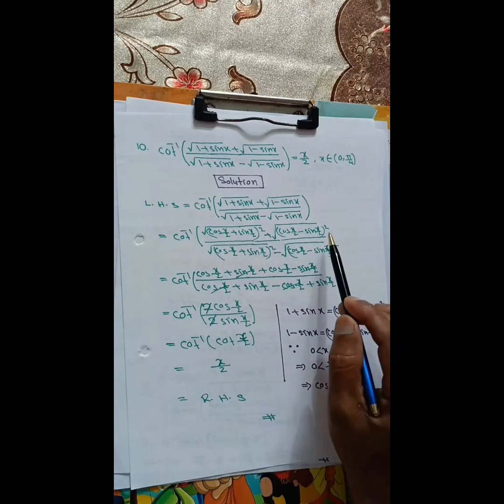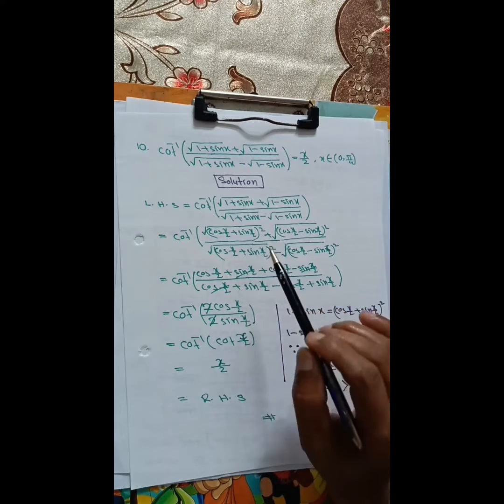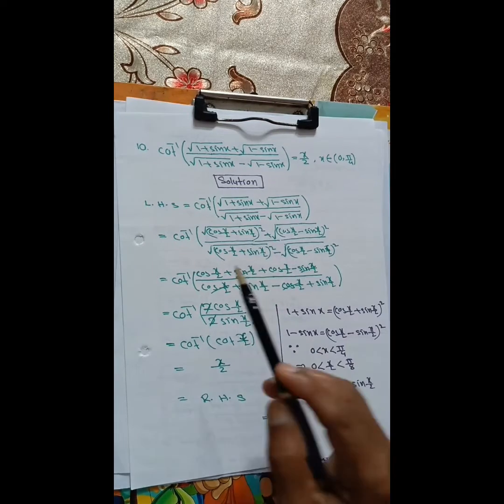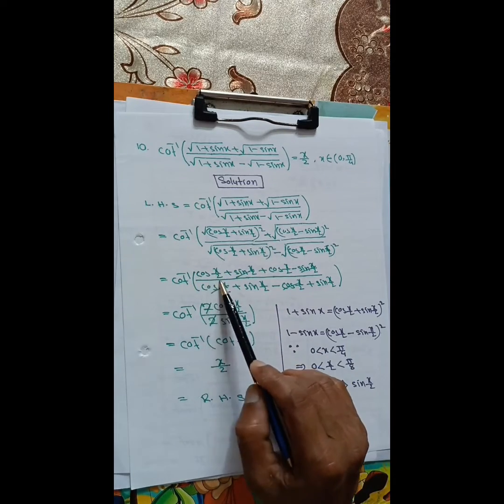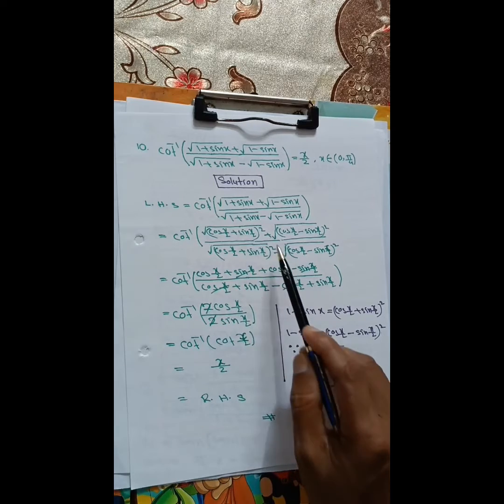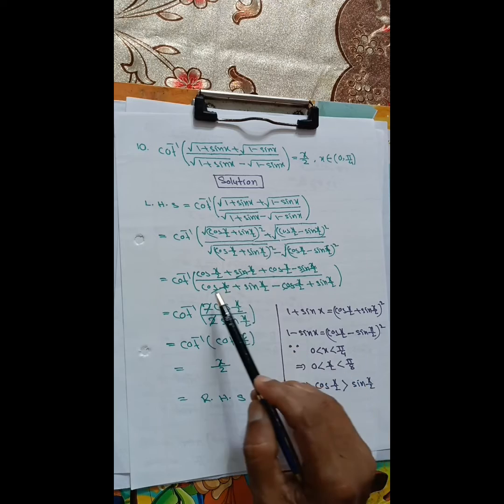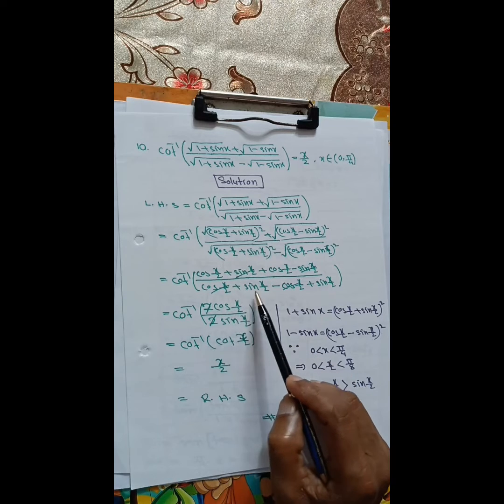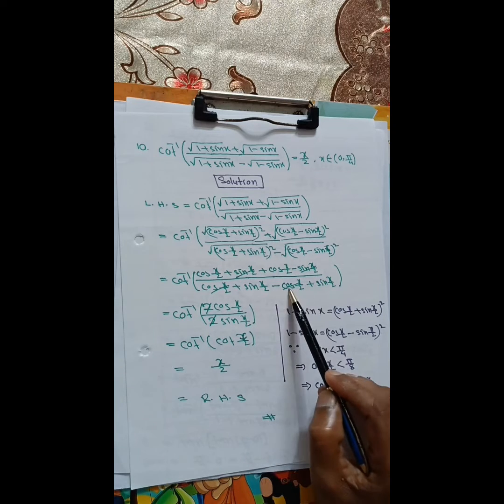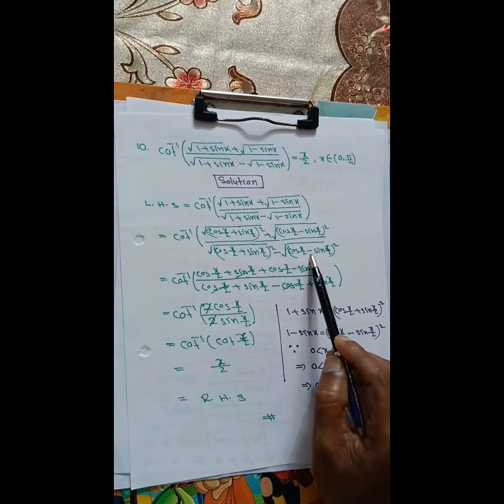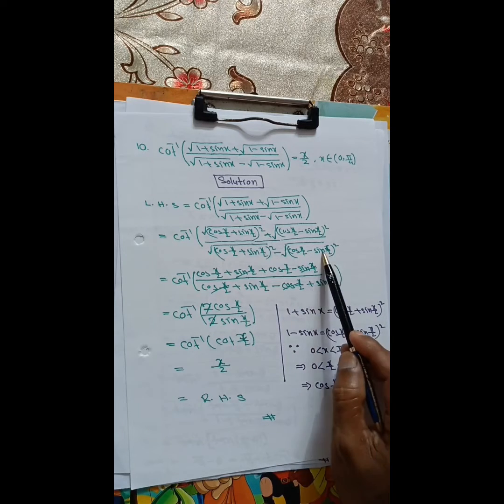Since there is a square root and a square, they neutralize, and we get cos x by 2 plus sin x by 2 plus cos x by 2 minus sin x by 2, divided by cos x by 2 plus sin x by 2 minus cos x by 2 minus, minus into minus becomes plus sin x by 2.